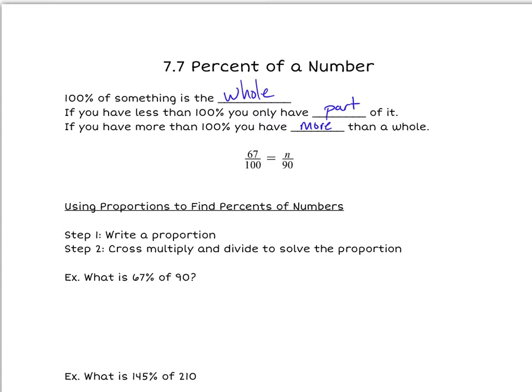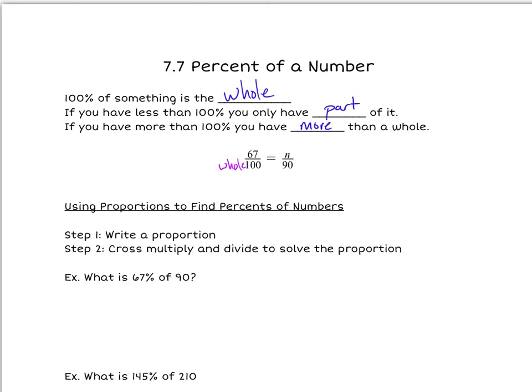What did we just do yesterday? We can make that percents, right? So when we're talking percents and you're going to put them in a proportion, you would always put something over 100. So when you think about that 67 over 100, would you call the 100 the whole or the part? The 100's the whole, right? So next to this, write the word whole.